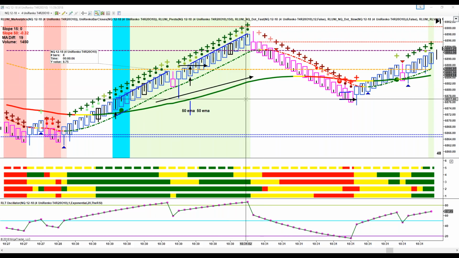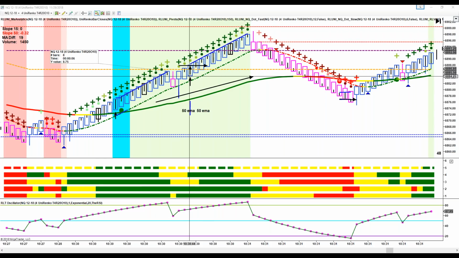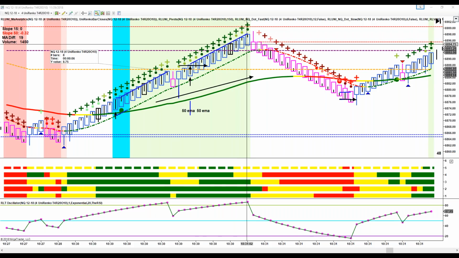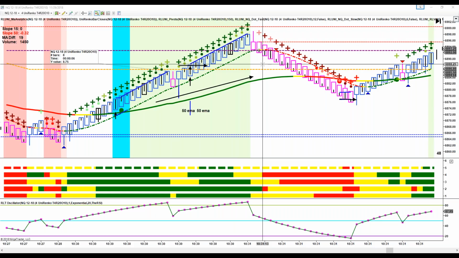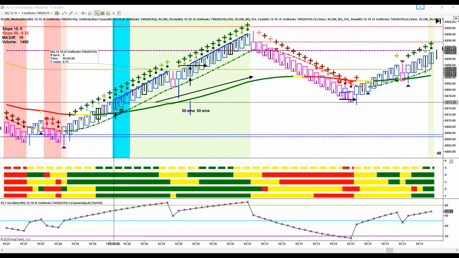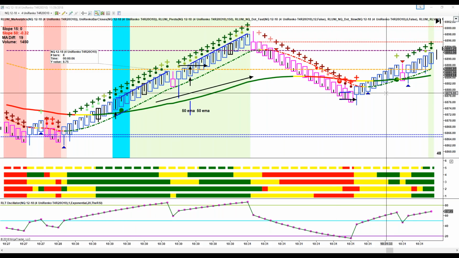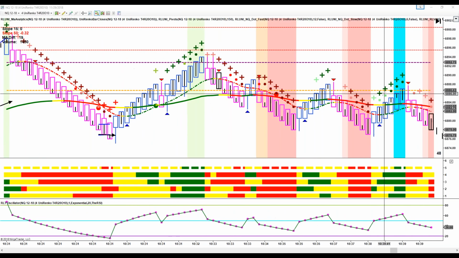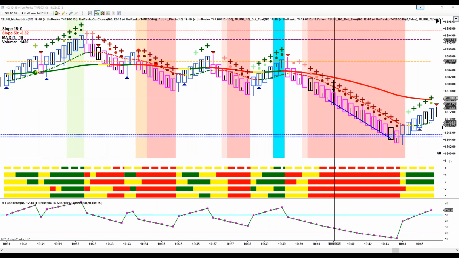A lot of those entries have been off of a pullback inside the candle body that I would not have gotten if I didn't have the hybrid Renko candles. They allow me to get into a trade where normally I would not have the ability to do so. I took one today that came very close to getting stopped out, but went on to a 5-point winner. So it really does increase your configurability and your ability to get winners, especially in a protracted move like this.